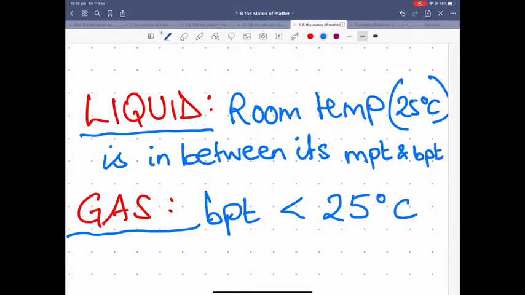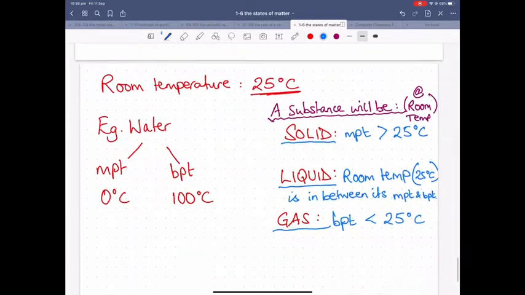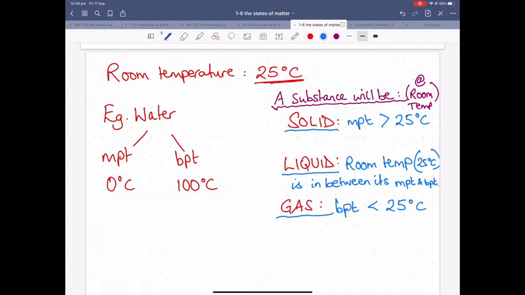It's a bit squeezed in there, but I think you can see that. So make sure you get that down. That's how to determine whether any substance, as long as you know its melting and boiling point, is going to be a solid, liquid or gas at room temperature.